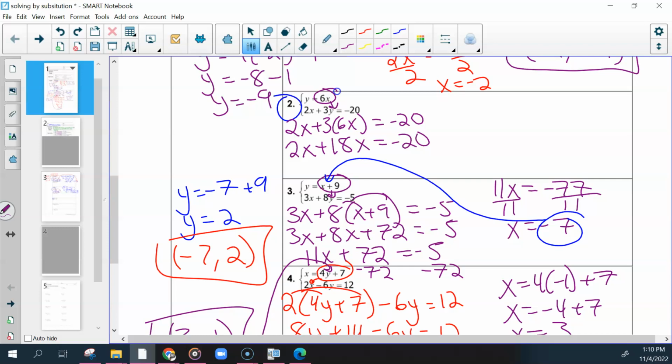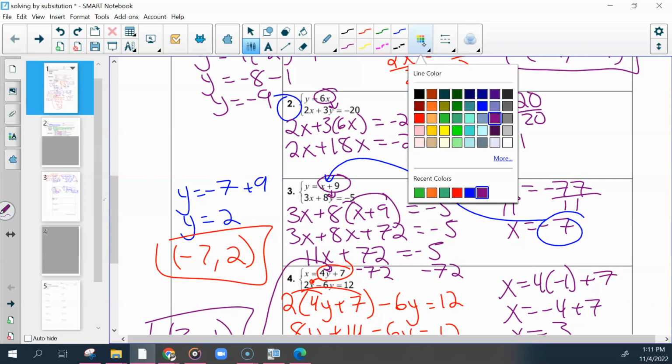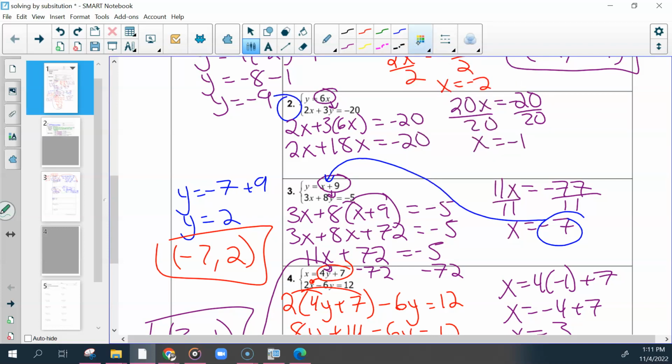Combine your like terms. And solve for x. And then we're going to take that x value and put it in for x in the y equation. So then our answer would be -1, -6.